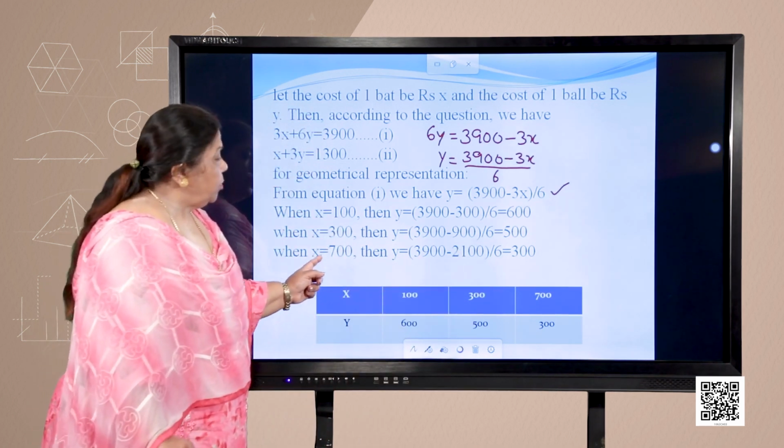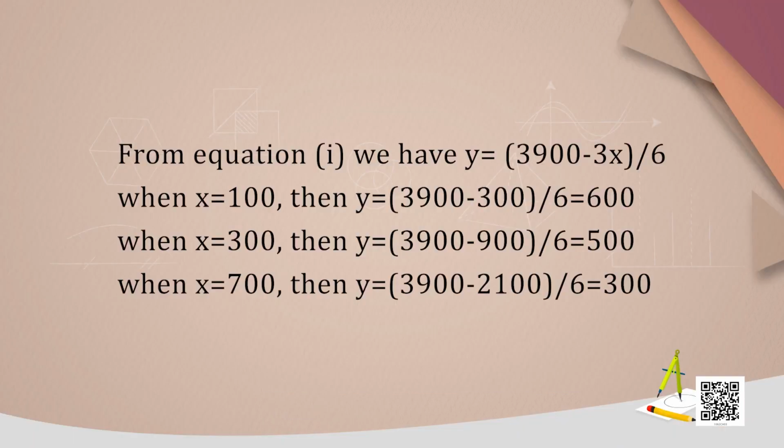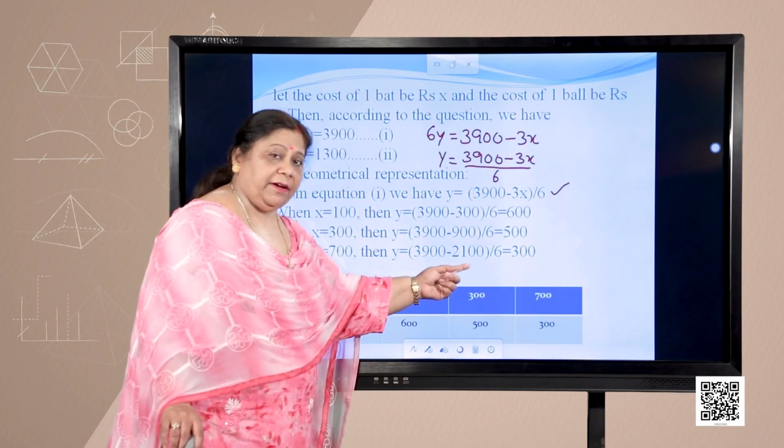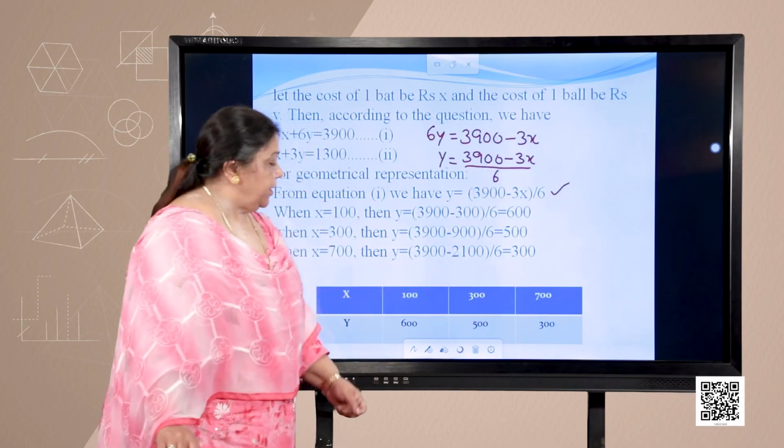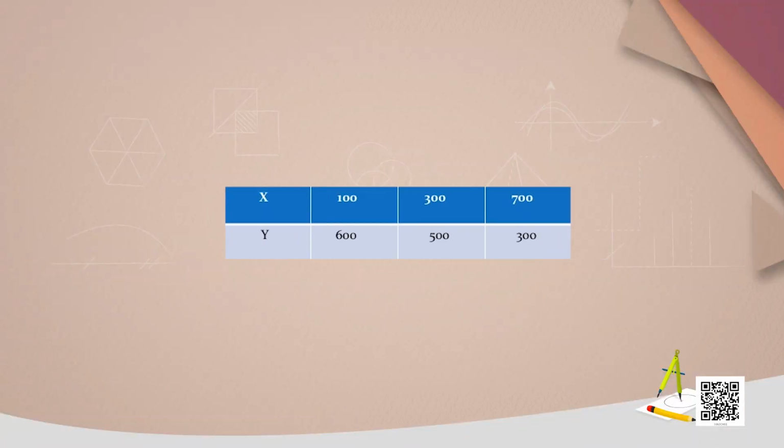Likewise, when x is equal to 700, 700 into 3 is 2100. We get y is equal to 3,900 minus 2100, that is 1800 divided by 6, that gives us 300. So this is the tabular column we have made for various values of x and y.